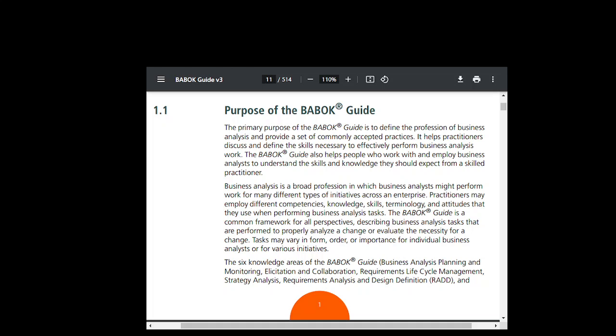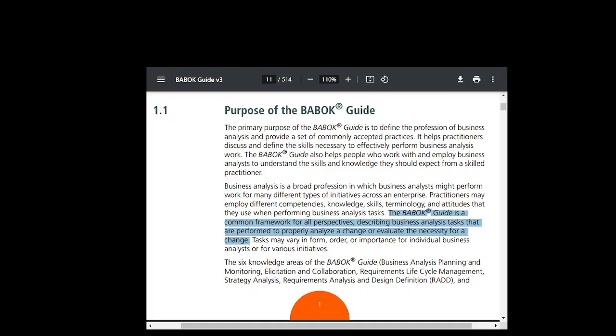So two things. Let me read it again for you. The BABOK Guide is a common framework for all perspectives. So this is across board. Let me also highlight it for you, because when you are reading, you need to be alert, so that there are some things you see that, oh, this looks like something I should underline and have in mind, just in case.